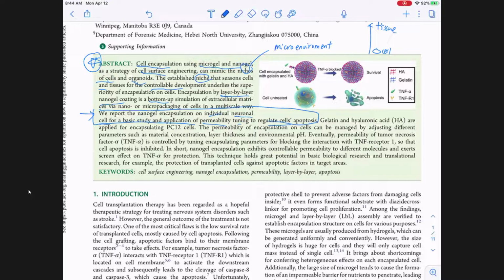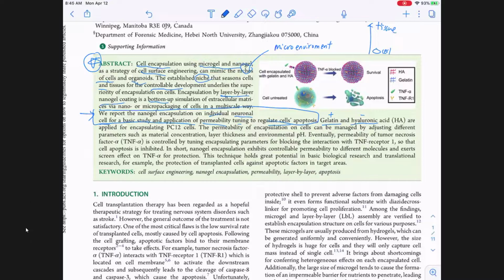Then the materials we used are gelatin and hyaluronic acid. Why? Because this one is positive charge and this one is negative charge. We can use negative and positive charges for self-assembly onto the cell.